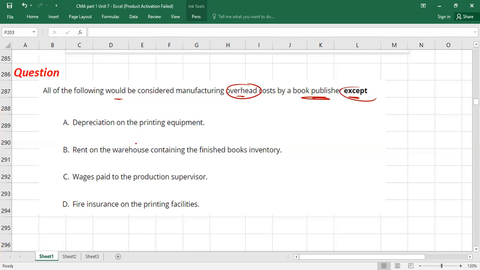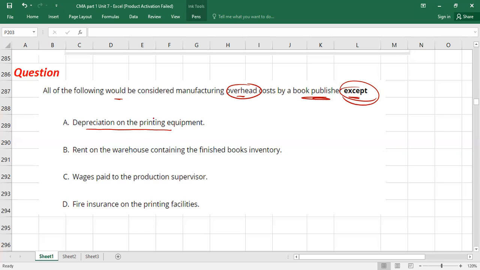Number one, understand the question first. Which is not part of overhead? The question is about except. Number one, depreciation on printing plant. I told you depreciation, insurance, property taxes, rent, all these are overheads.